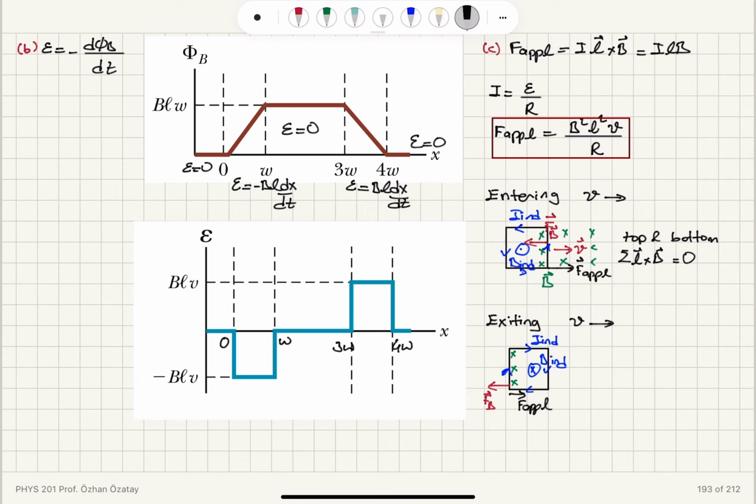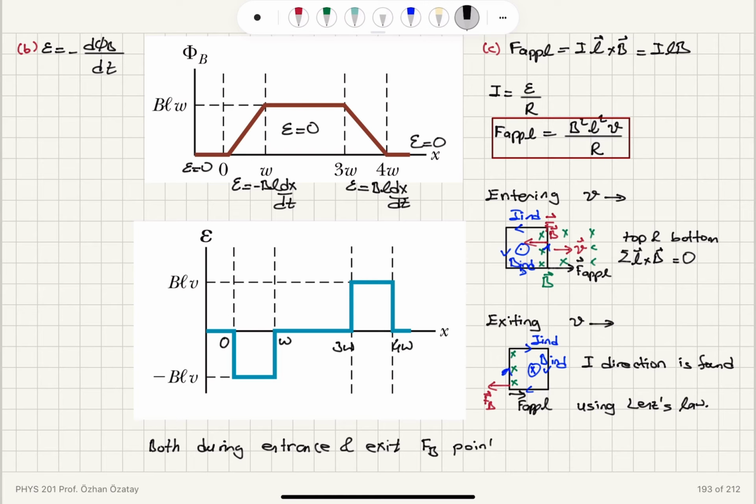So the induced current direction is found using Lenz's law, and we see that both during entrance and exit, the magnetic force FB points to the left.